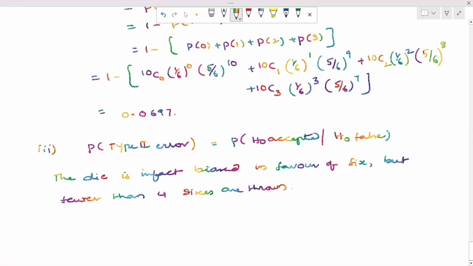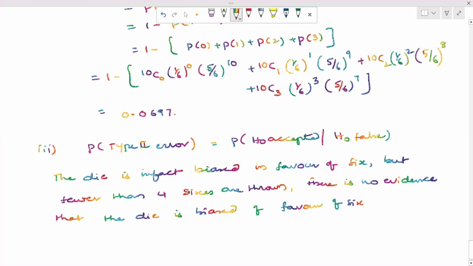Okay, so there is no evidence that the die is biased in favor of 6. That is only because there is a false statement that we are accepting over here.